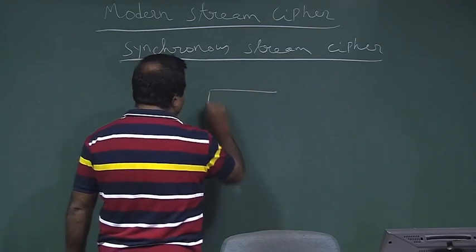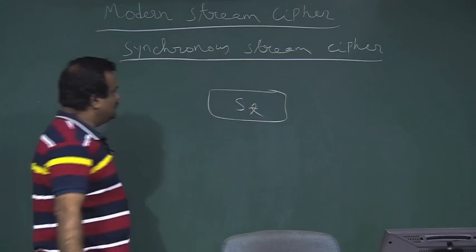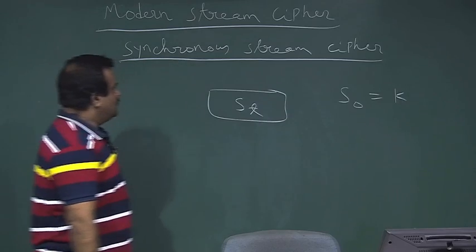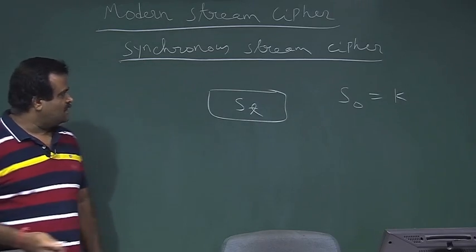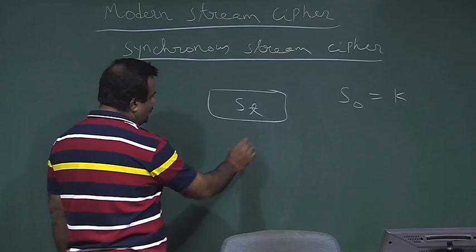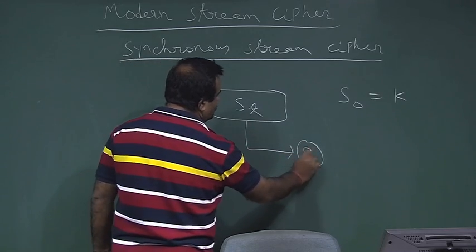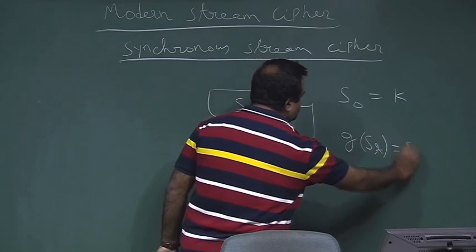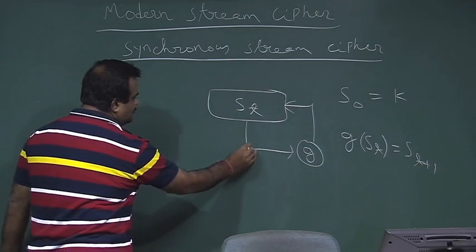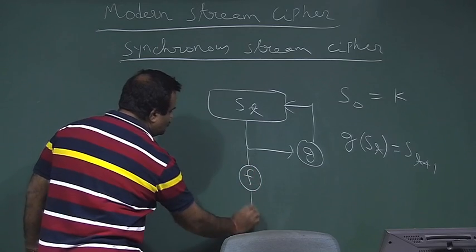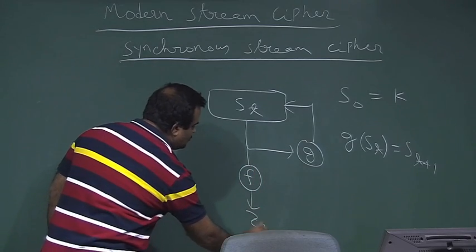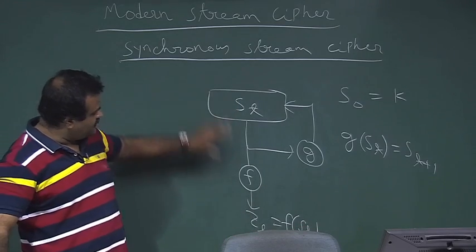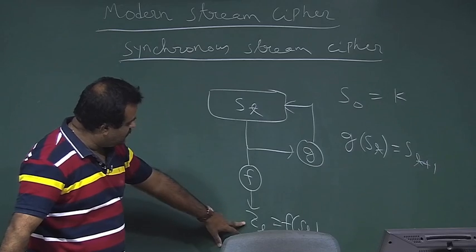It could be some state ST, which is initialized by the secret key shared between Alice and Bob, shared between receiver and sender. Then we have a state update function, and there is a function S which takes the content of the state and gives us the key stream.